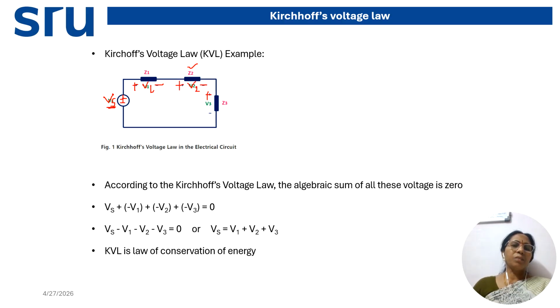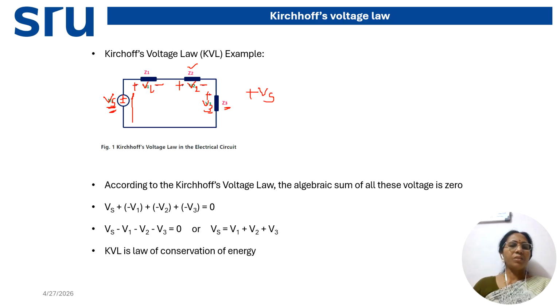The third element is Z3, and the voltage across it is V3. Now here I am applying KVL. Start from here in our direction. The first element we are crossing from minus to plus, so it is plus. What is the magnitude of this voltage? Vs.